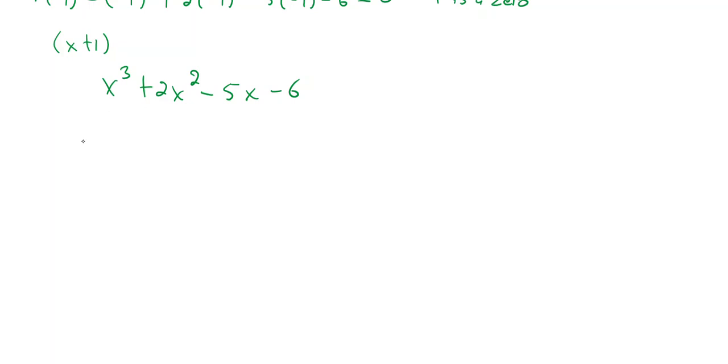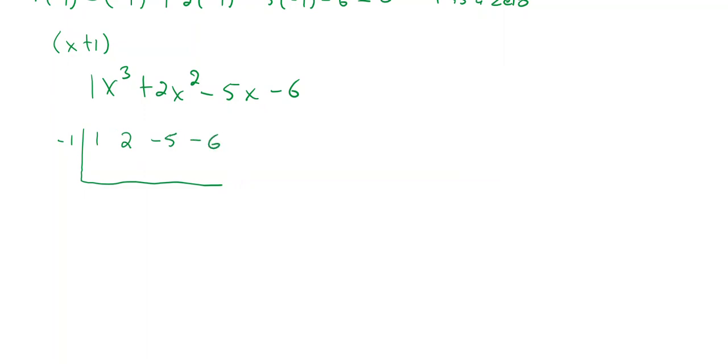So the way this works is we write down a line like so, and we put in our 0 at the top. So this would be -1 up here. So we know that this is a factor that we have. And then we write the leading coefficients of all of our terms. So this would be 1, 2, -5, and -6.